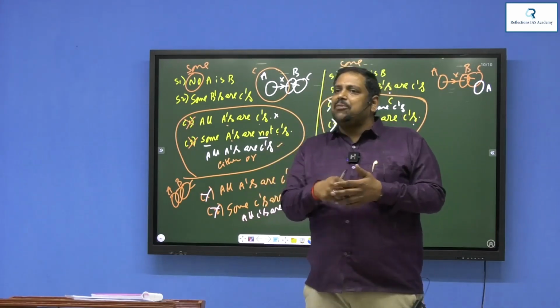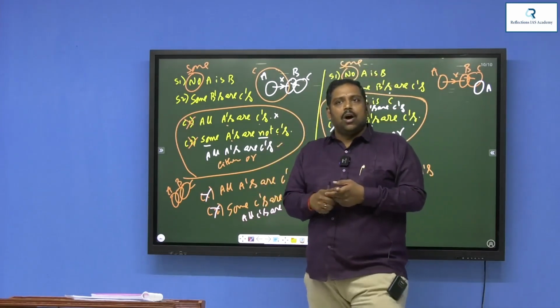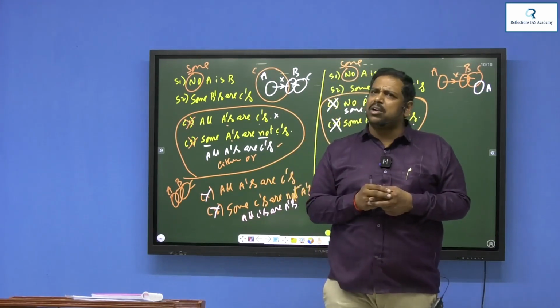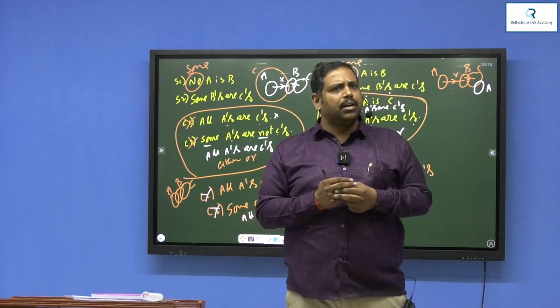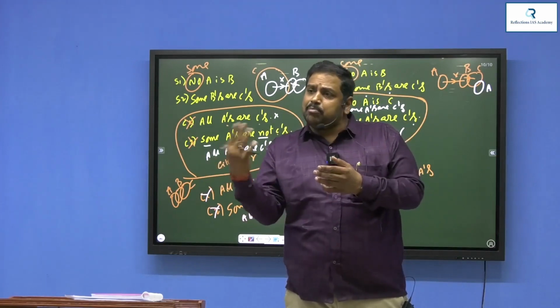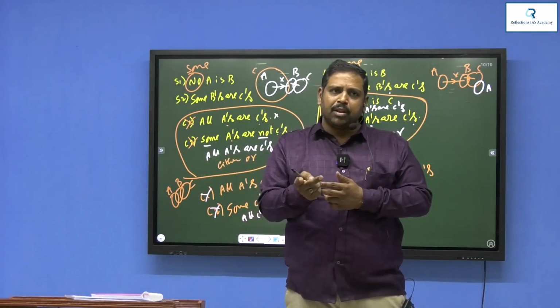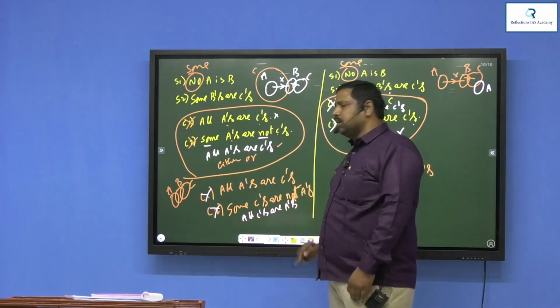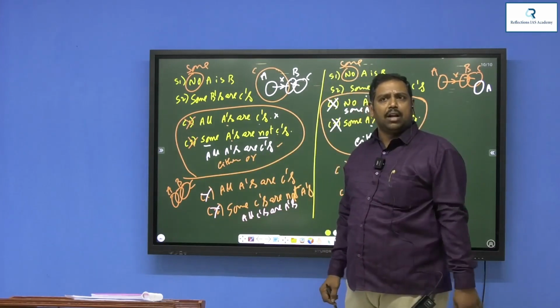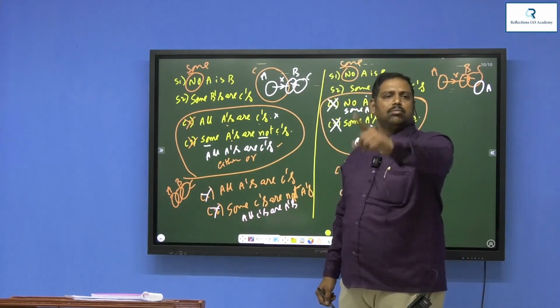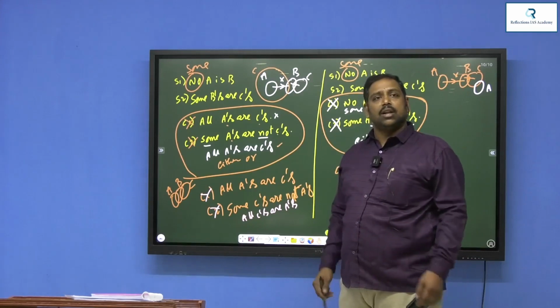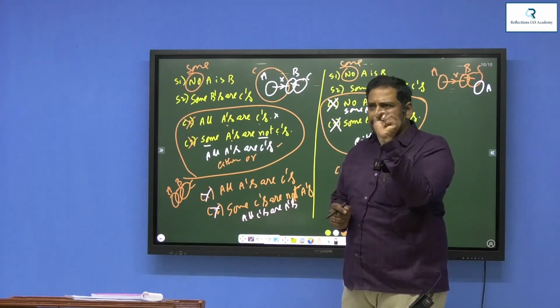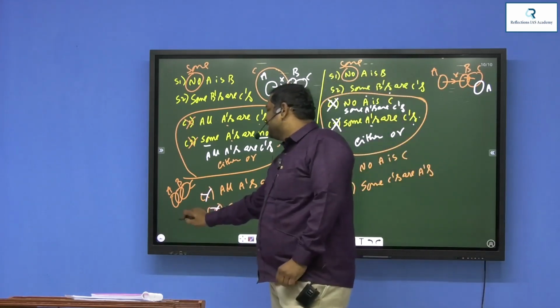But if it is all A's are B's, all B's are A's, different. Some A's are not B's, some B's are not A's: now tell me, here order changed, can I go for either or, or neither nor only? Neither nor. A small gap that you have to learn. So the answer is neither nor.